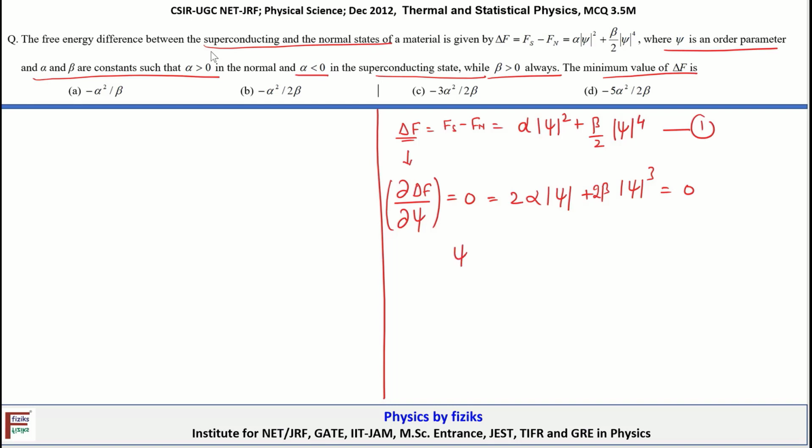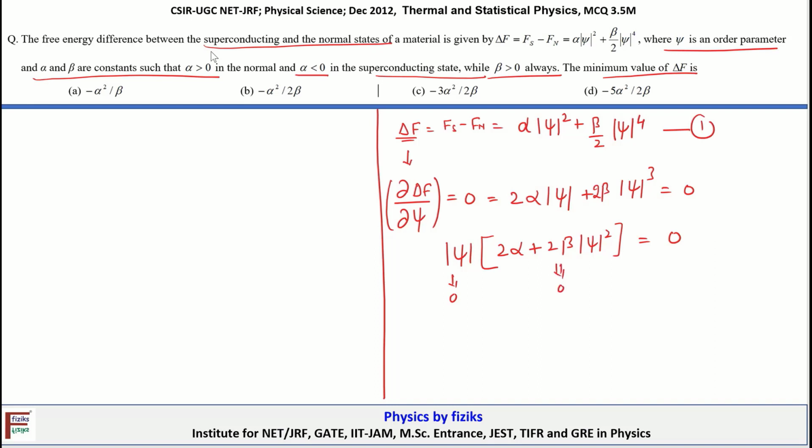So here we can rewrite this as psi into 2 alpha plus 2 beta psi square. Okay, so here either psi is going to be equal to 0 or this expression will be equal to 0.